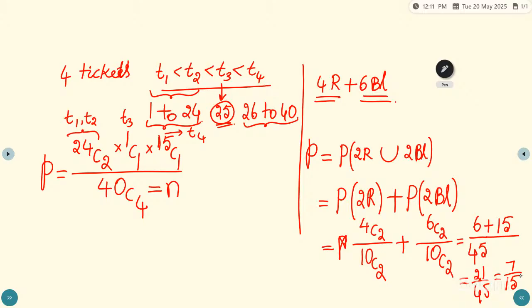So your BTech admission depends on your inter result, or your inter result affects your graduation admission. Say yes or no? Clear or not? So dependent event means, let us consider the event A.